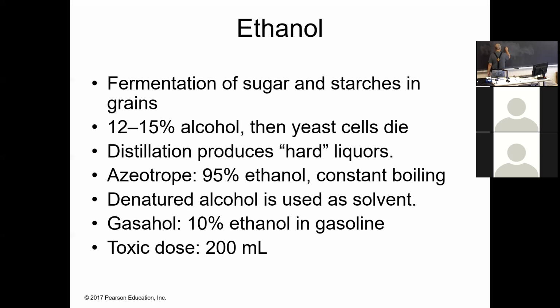That is proof. Proof is 2 times the percent ethanol by volume.